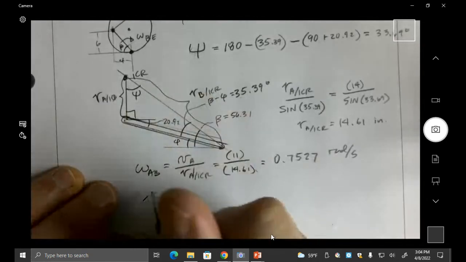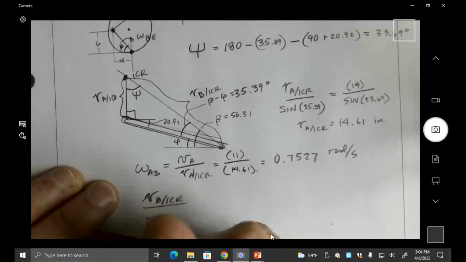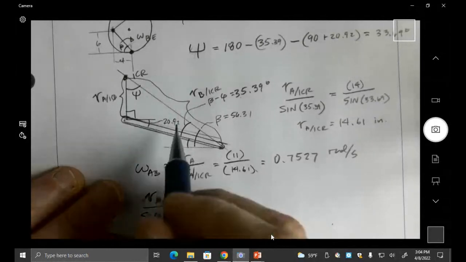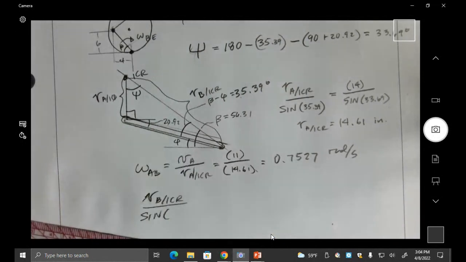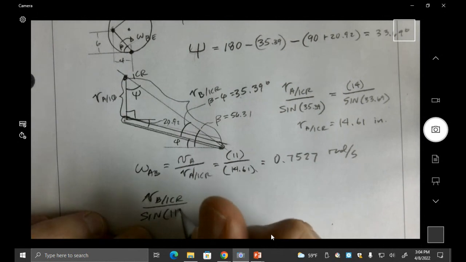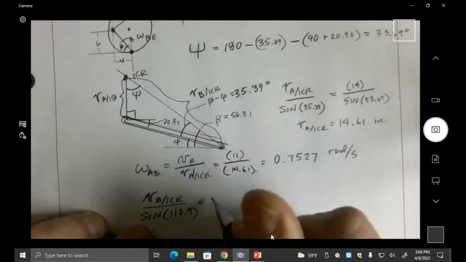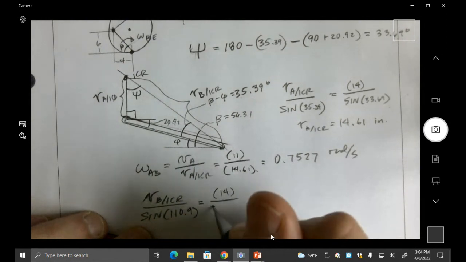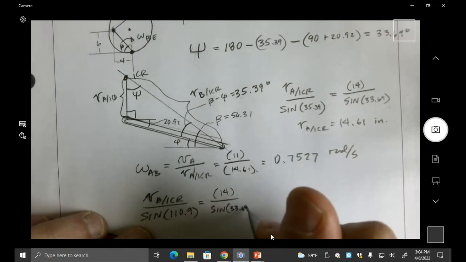We need the RB with respect to ICR. Then take the sine of, we have to add 90 and 20.92. I don't trust myself to do that, so it's 110.9, and we'll say that's going to be 14 and divide by the sine of 33.69.